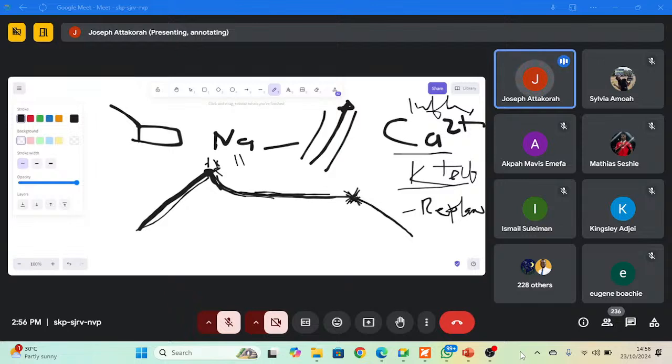The moment sodium influx ceases, calcium channels will open, and the influx of calcium will be more. At the same time, potassium channels will also be open. When potassium channels open, the efflux will start from a small amount and build up.